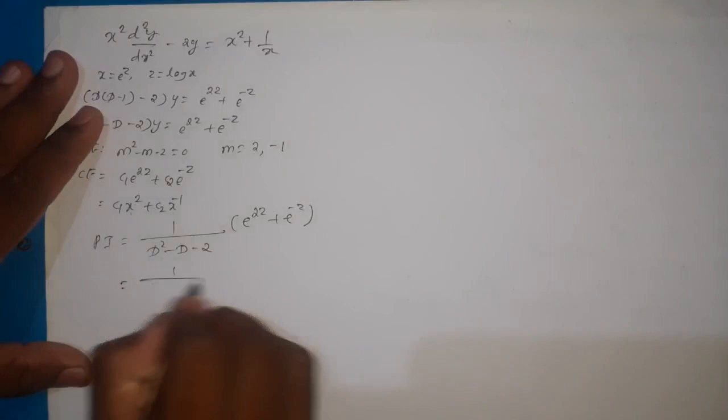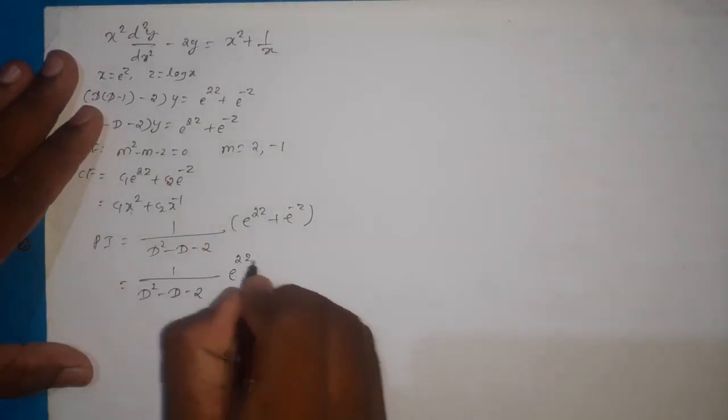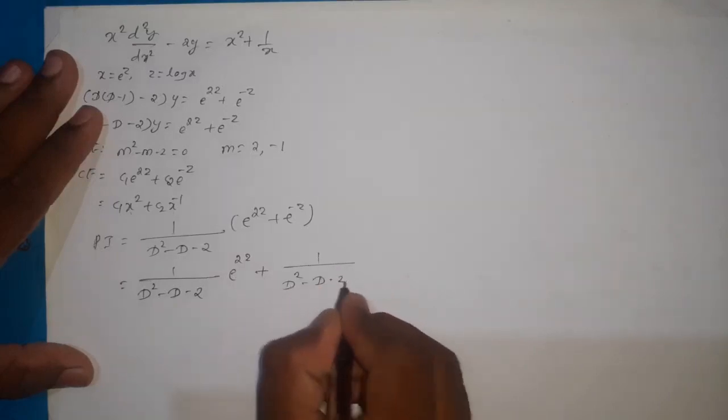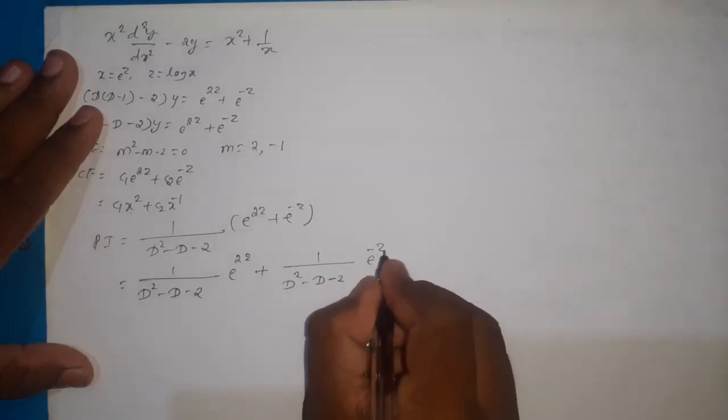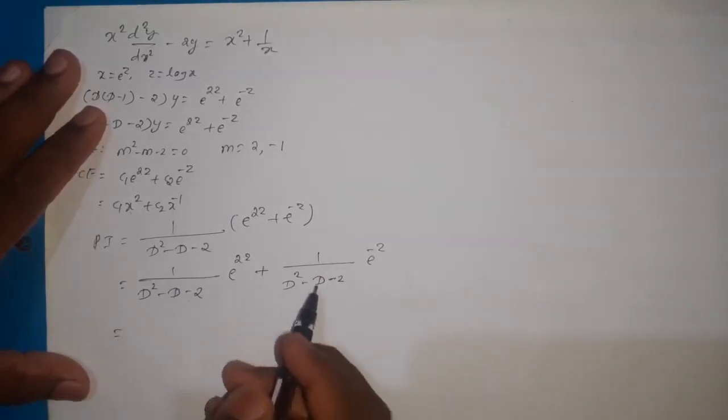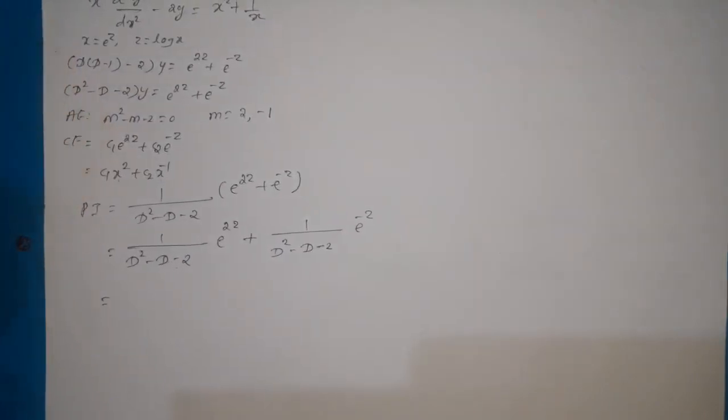Then it is 1 divided by D square minus D minus 2 e power 2z plus 1 divided by D square minus D minus 2 into e power minus z. Now it is 1 by f of D e power ax, right? Now first check the denominator whether it is equal to 0 or non-zero for the value of a.